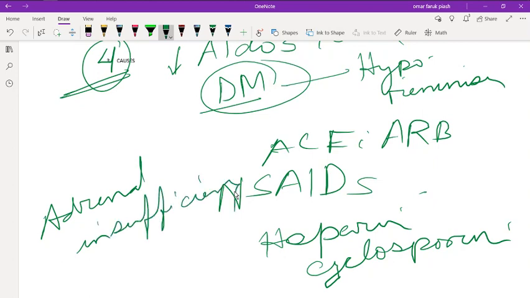These are the causes of decreased aldosterone production in hyperkalemic renal tubular acidosis.